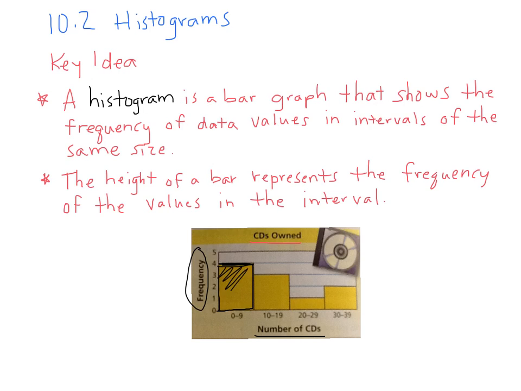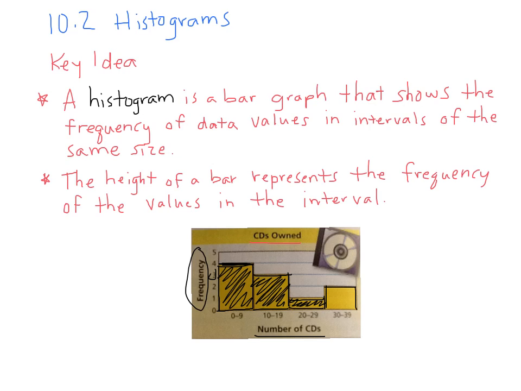Then between 10 and 19 CDs, we had 3 people. The number between 20 and 29 CDs owned happened to be only 1, so only 1 person.